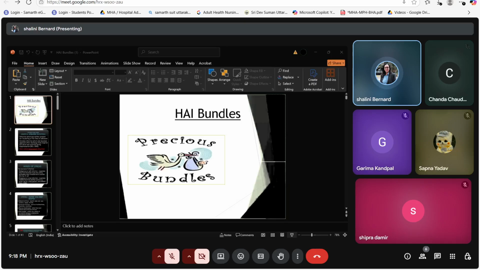Daily sedation vacation means every day doctors stop the sedation to check the patient's response, so the patient can be extubated as soon as possible. Sedation agents should be stopped, not discontinued, because we have to check the patient's response. It allows the patient to wake up.